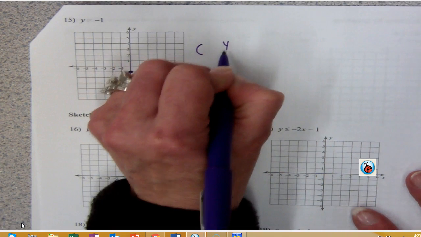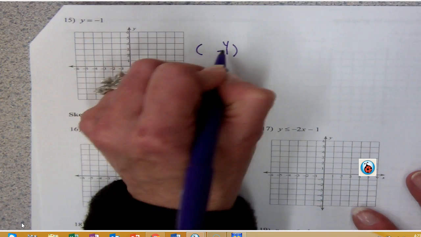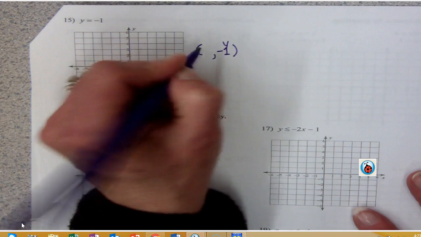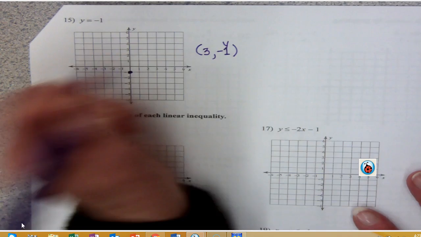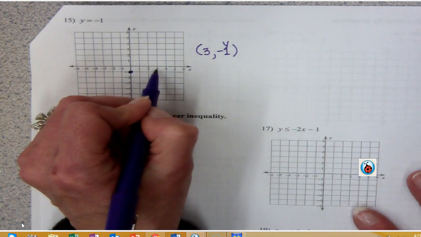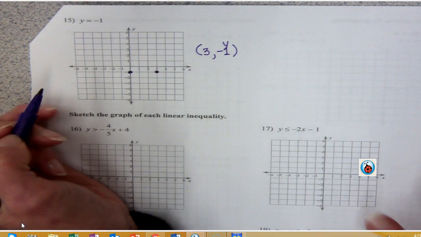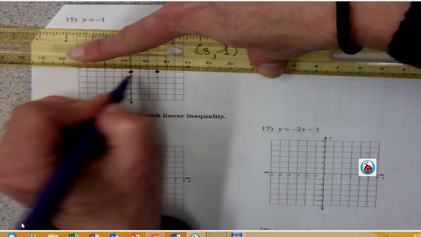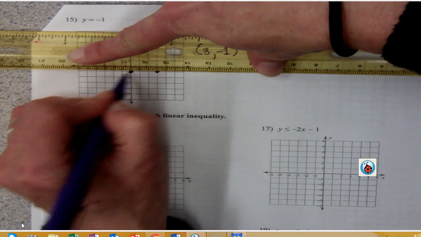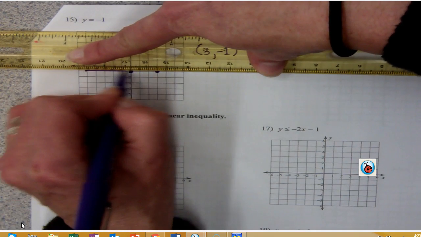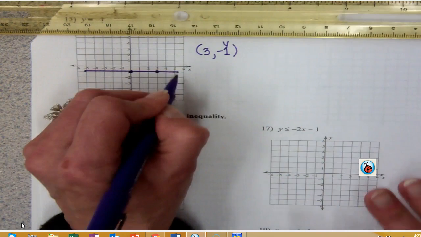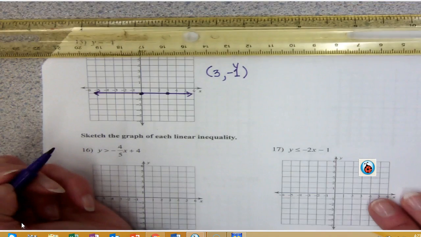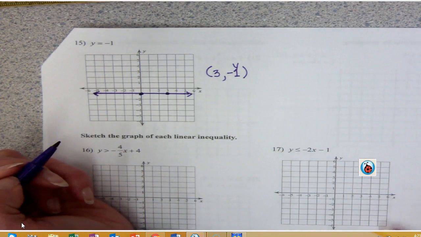If I know that y is always negative 1, x can be any number. x can be 3, because y is always going to be negative 1. Then I know x is 3 and y is negative 1, and I can see that it would be a horizontal line. So that is your y equals.